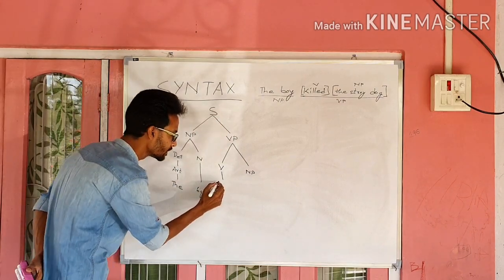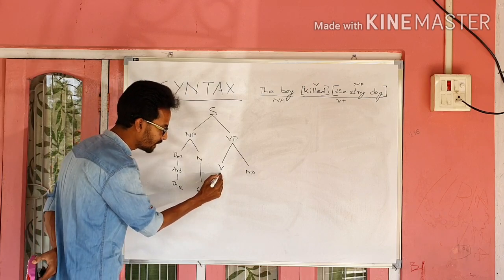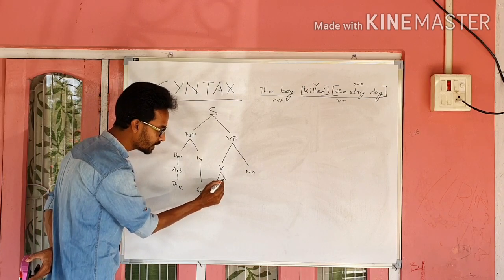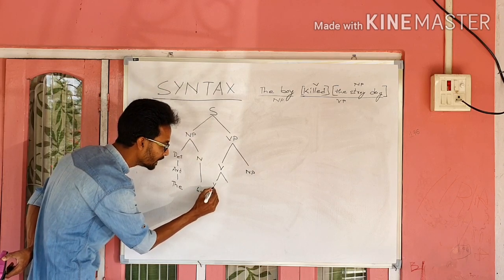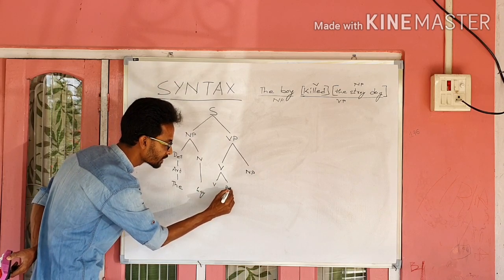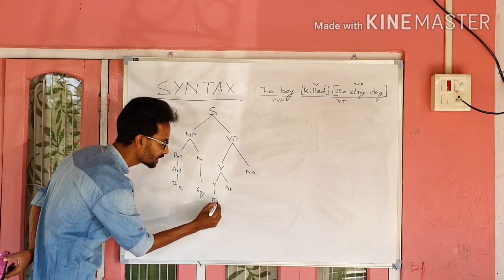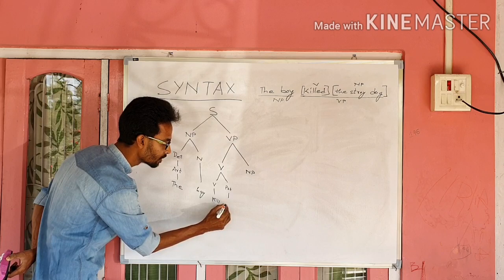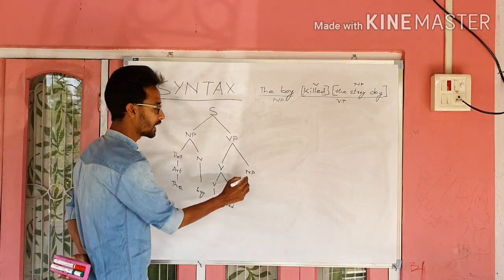The V is further divided into two, that is V and past. V is the kill and the past form.